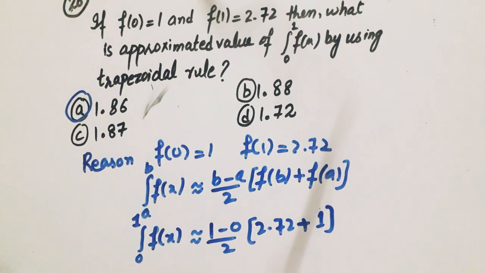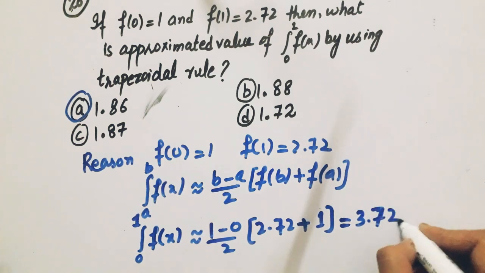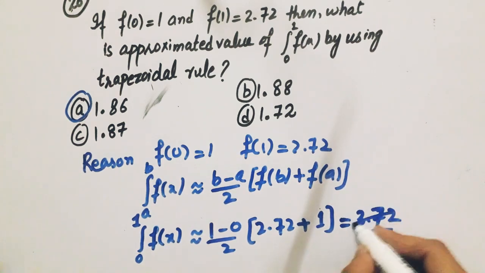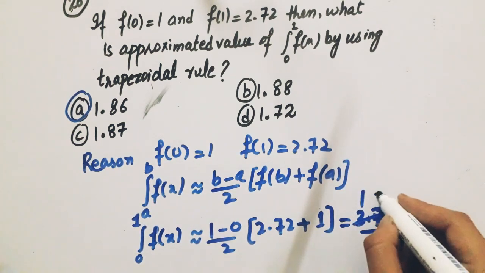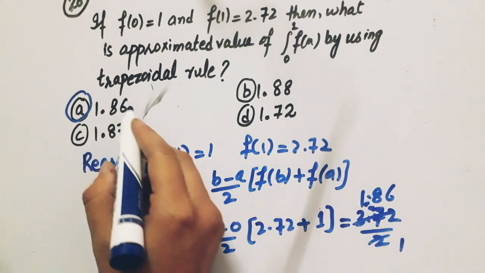So this will become 3.72 divided by 2, which is equal to 1.86. So this is the right option.